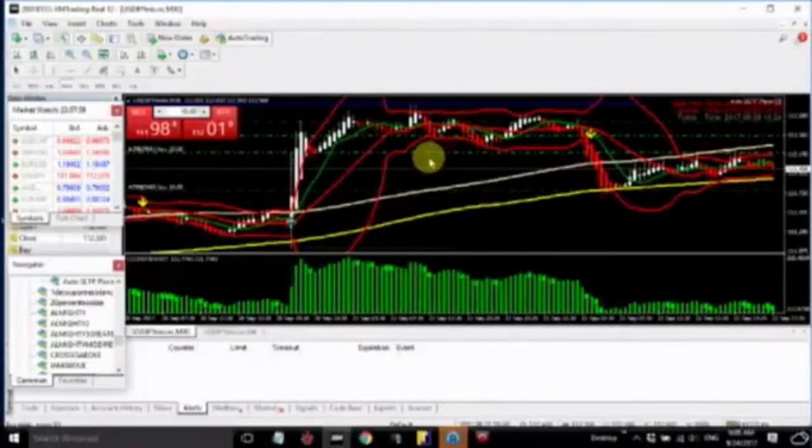Now when I apply Bollinger Band, what do you see from here when the price is touching the upper band of Bollinger Band? It's touching the upper band, and it went straight back to visit the moving average period 200.